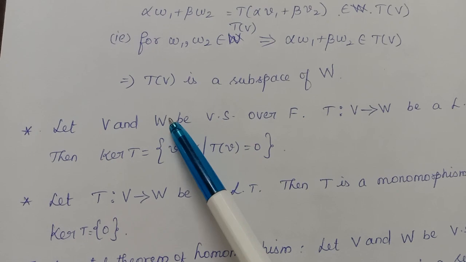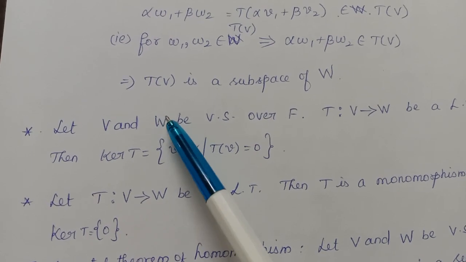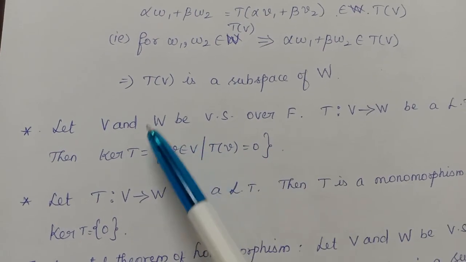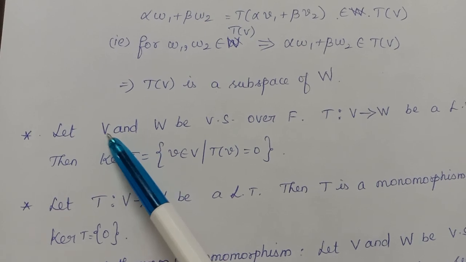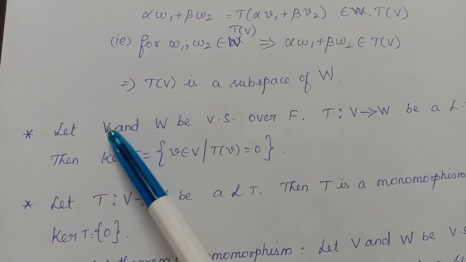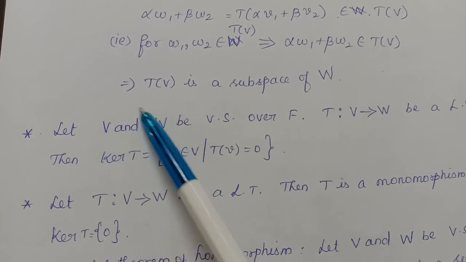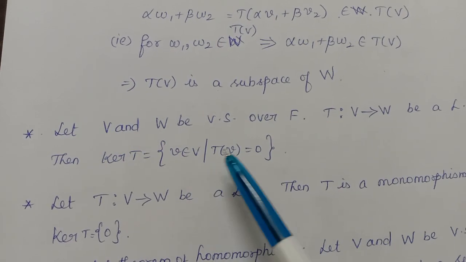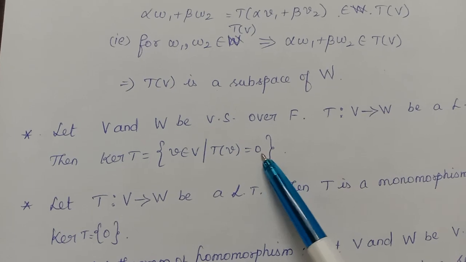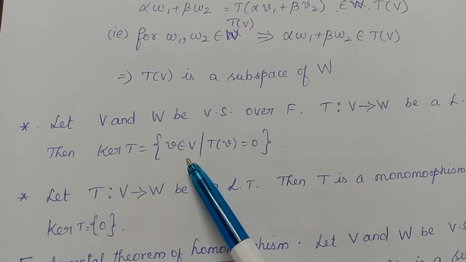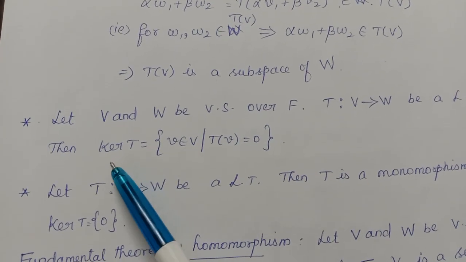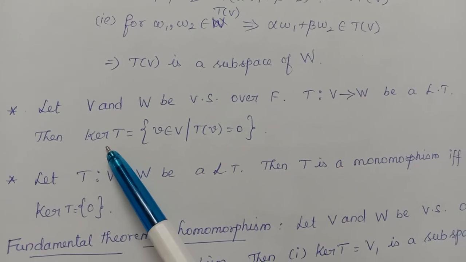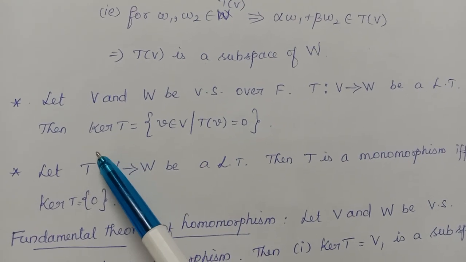So definitely it will have an additive identity. That additive identity is taken as 0 here. So we have to look at the elements of V which are mapped to the additive identity of W. Okay, the set of all collection of elements of V which are mapped to the additive identity is called the kernel of T. Okay, this kernel of T plays many important roles in vector spaces. Okay, let us see some of them here.